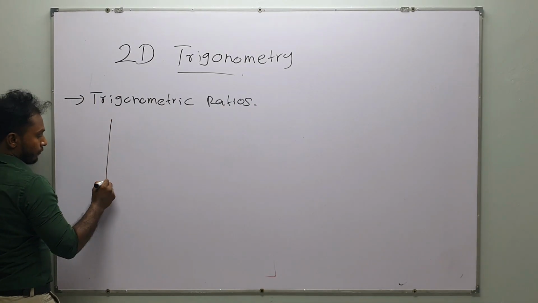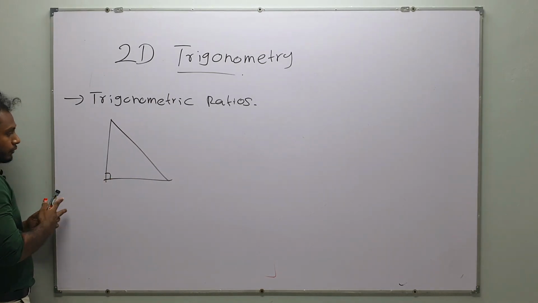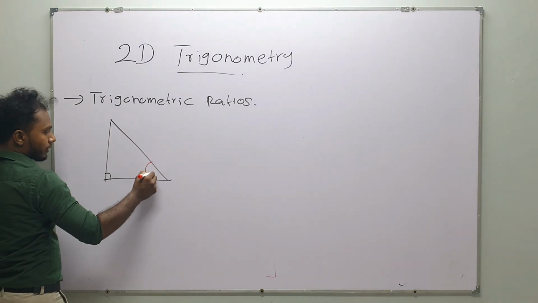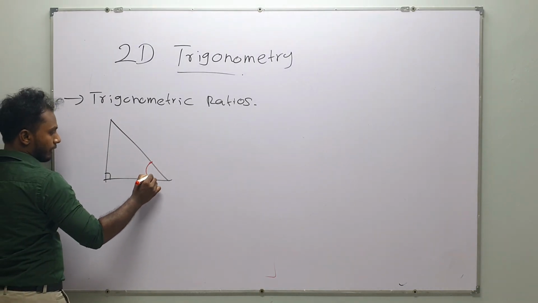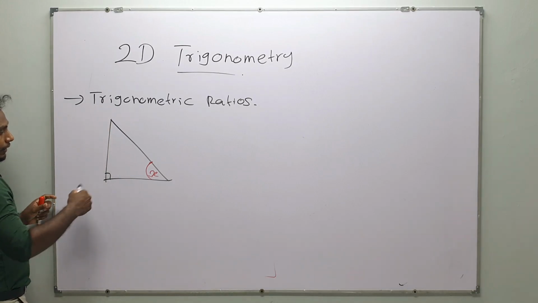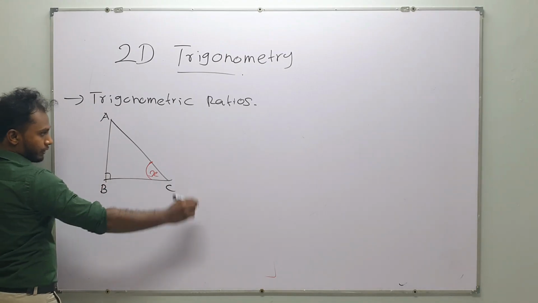It's the acute angles of a right angle triangle. That means when you have the right angle like this, you can have another two angles which are smaller than the right angle. They are always smaller than the right angle. Let me name this x. The angle name is x, and the triangle name is ABC.